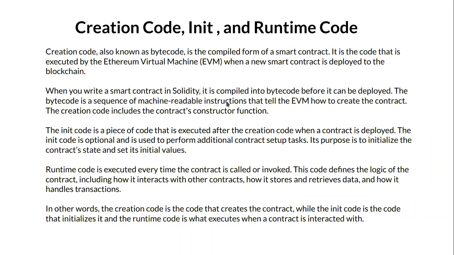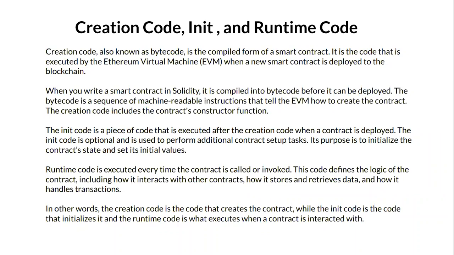The bytecode is a sequence of machine-readable instructions that tells the EVM how to create the contract. The creation code includes all of your state variables, your contract's constructor function, and all of that.